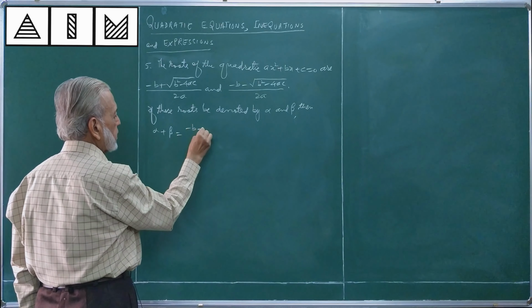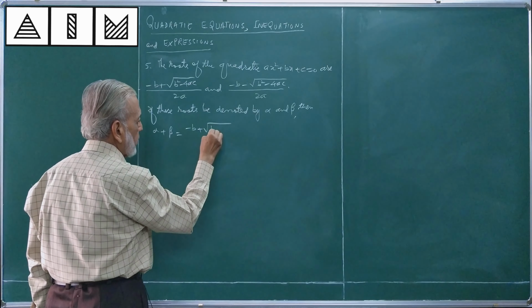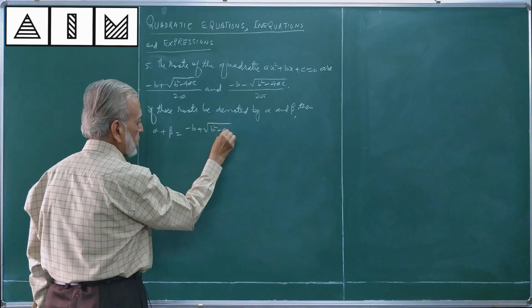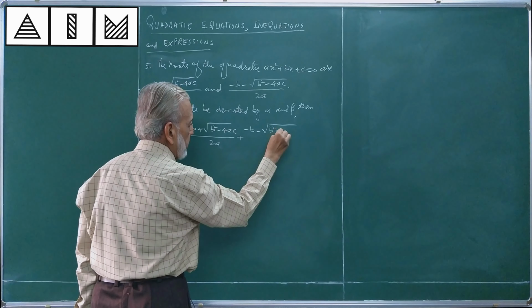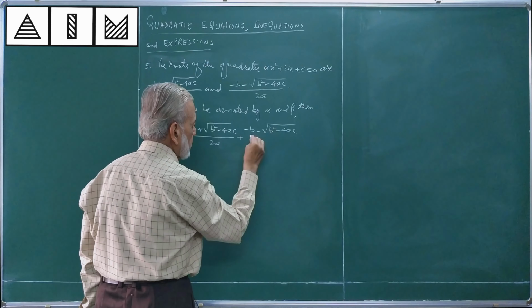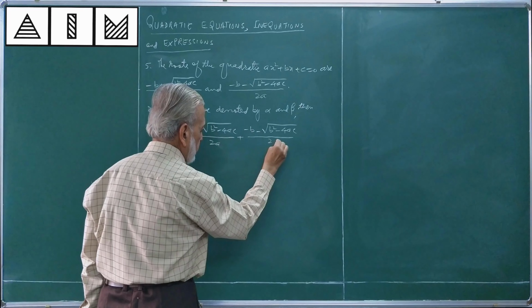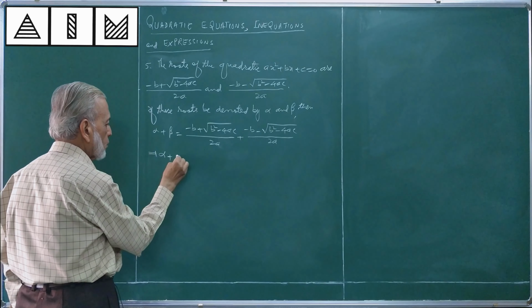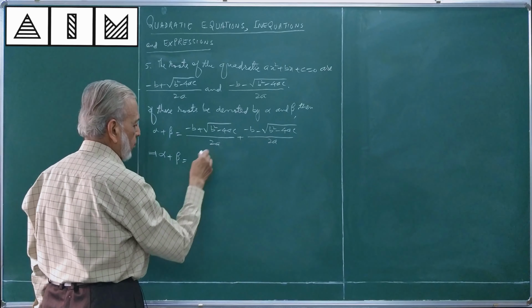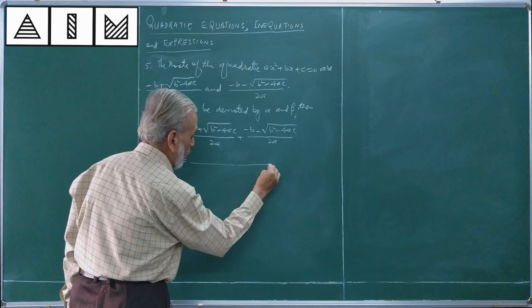Minus b plus square root of b square minus 4ac divided by 2a plus minus b minus square root of b square minus 4ac whole divided by 2a. So alpha plus beta is equal to, this is a common denominator, I am joining the two fractions of common denominator.